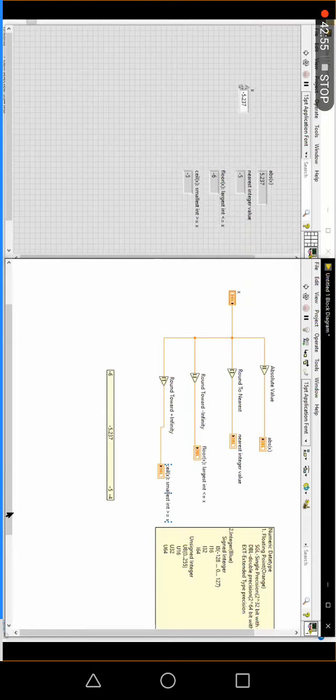Next functions. Simply in numeric, square root is available. Kindly know the square root function: it takes the root of the given number. Square means taking the square value. What is the negate function?